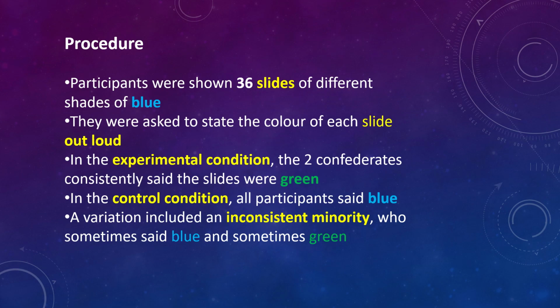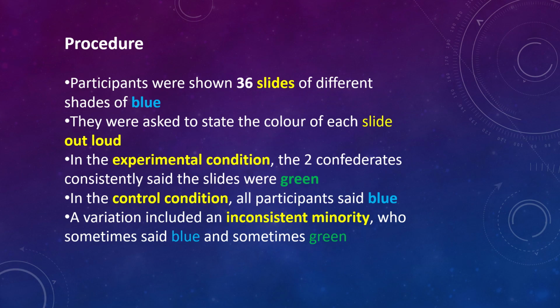In the other control condition, there are no confederates; all of them are real participants, therefore they said blue. The variation included an inconsistent minority who sometimes said blue and sometimes green.